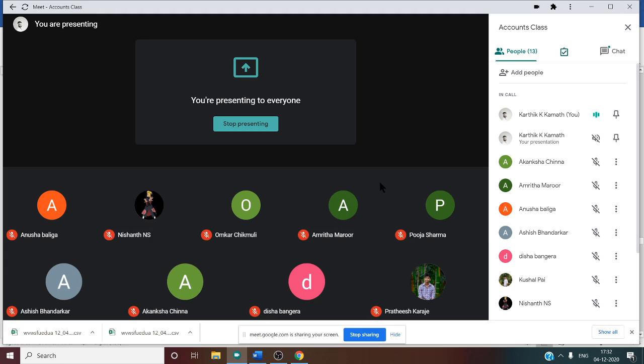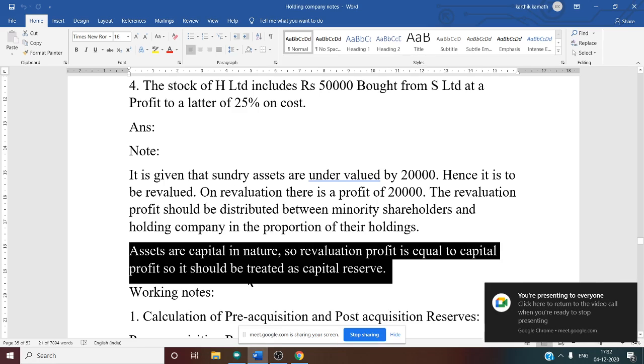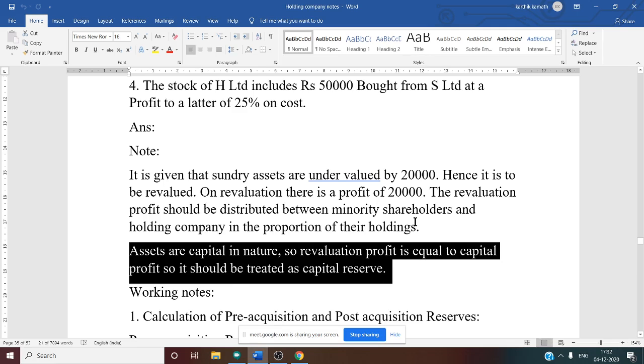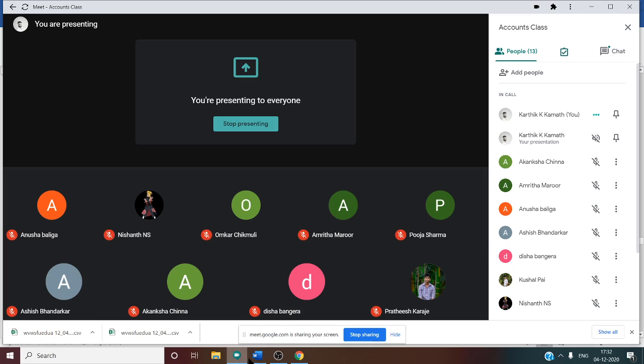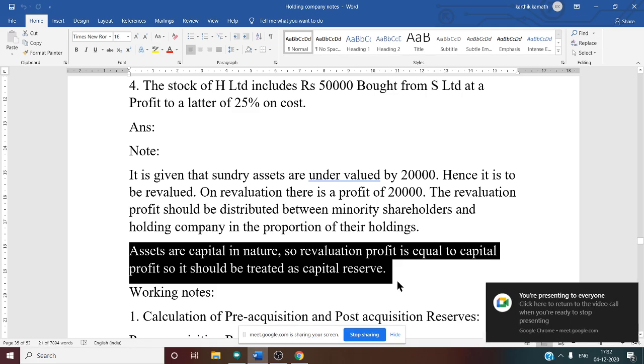They are kept for day-to-day usage, and for a longer duration. That is why it is capital in nature. So revaluation profit is equal to capital profit. Capital profit, according to Accounting Standard 21, you should treat as capital reserve. So that is one more thing.